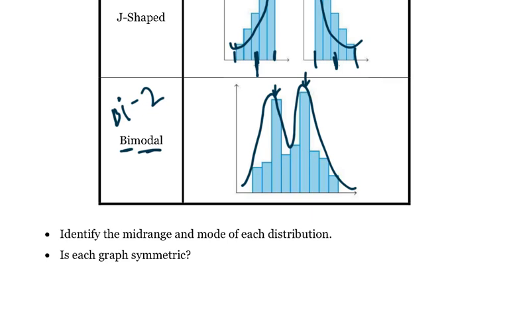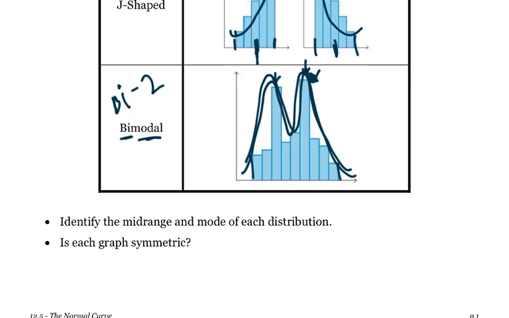You can see them in the drawing. Now this one is higher, so technically it has a greater frequency, but we would consider this to be bimodal because there are the two bumps up in the frequency. Now the mid-range though is add the highest and the lowest, divide by 2, so that gives us a value right in the middle in between those two. And then the modes we've already addressed.